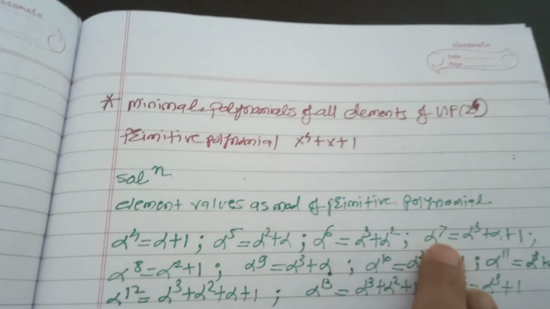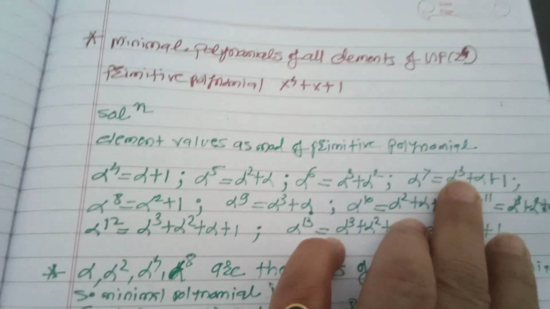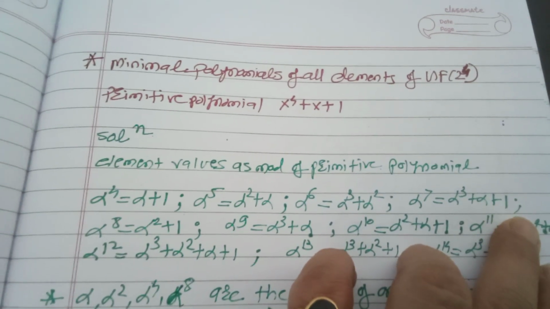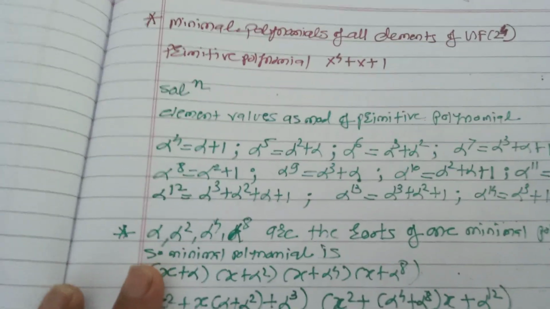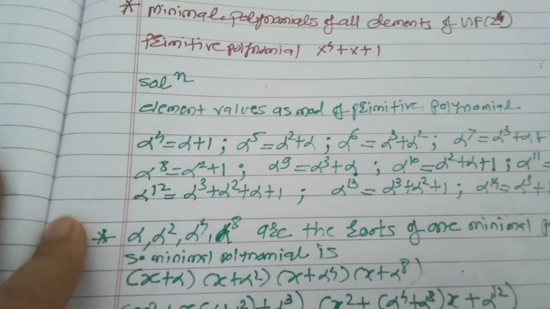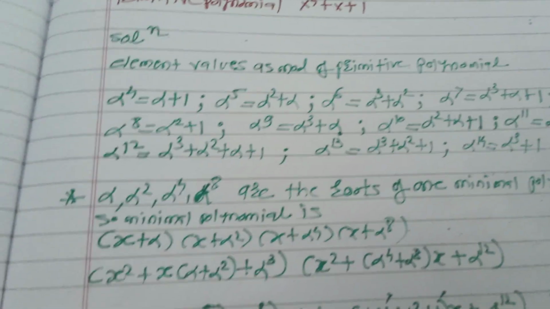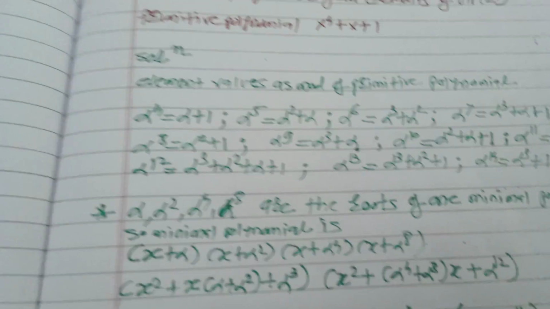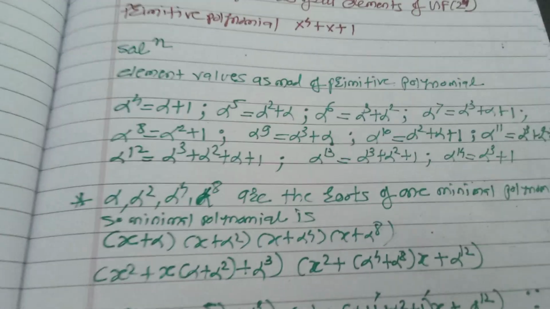If you divide alpha raised to 7 with alpha raised to 4 plus alpha plus 1, you will get the remainder alpha cube plus alpha plus 1. So these values are like that; we say these values are the mod of the primitive polynomial. We have seen this in detail in one of the videos, so we will not go into that much detail. Still, I have told you here also how these values come.